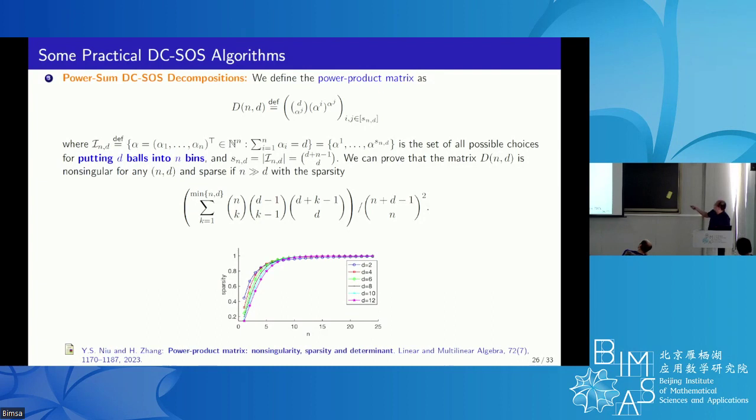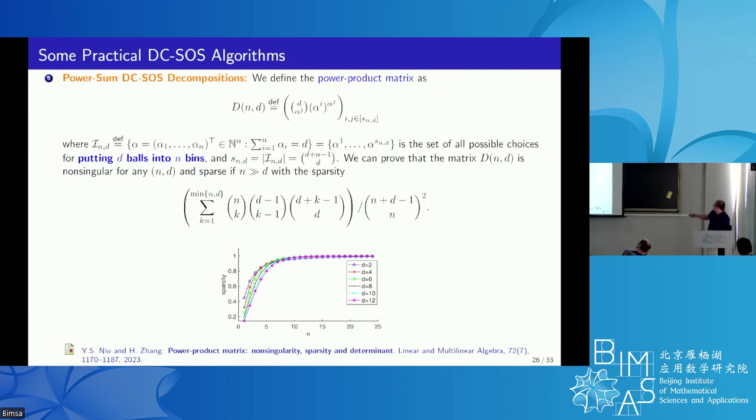You get this matrix, and we can show that this matrix is always non-singular for any n and d, and if n, the number of variables, is larger than the degree, the matrix is very sparse. With this sparsity, we can compute exactly the number of non-zeros.